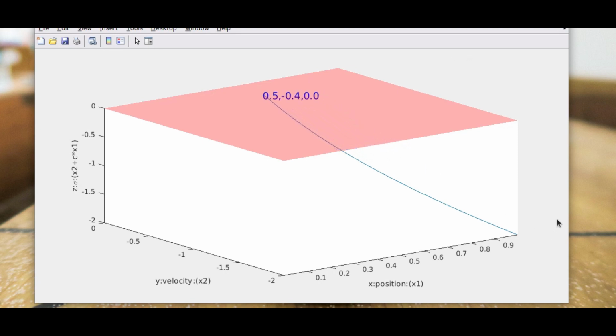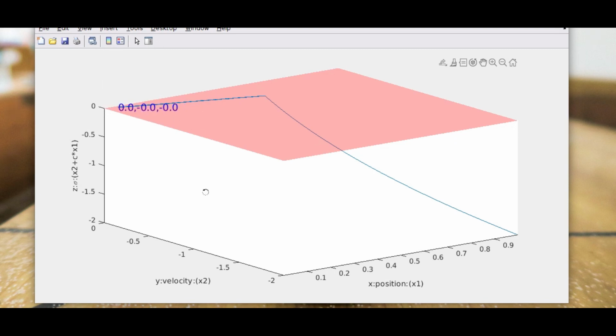As I start the plot, x, the position, starts with 1, velocity y with -2, and the sigma that is calculated will be -2 because sigma is x2 plus c x1.